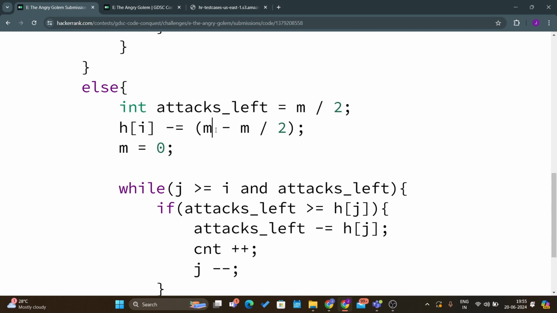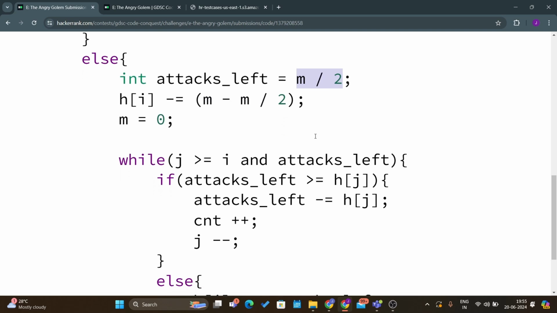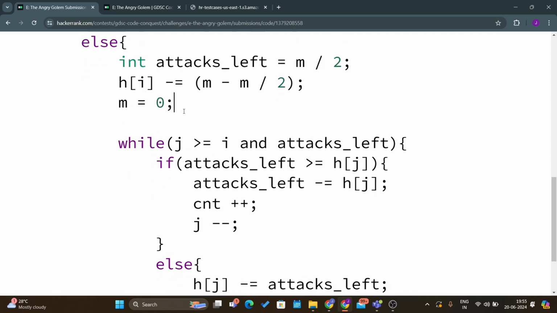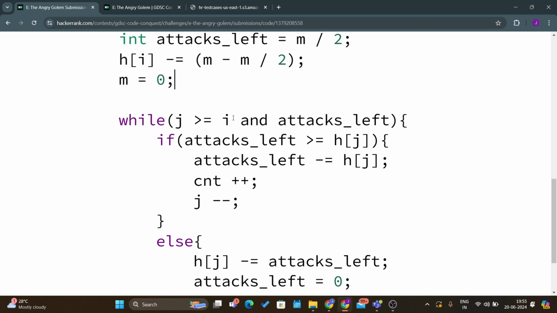In case of odd m, this will be larger than m by 2 by one. And now we will put m equal to 0, because we have used up all our attacks.